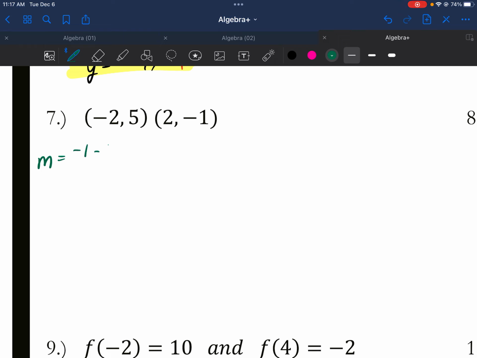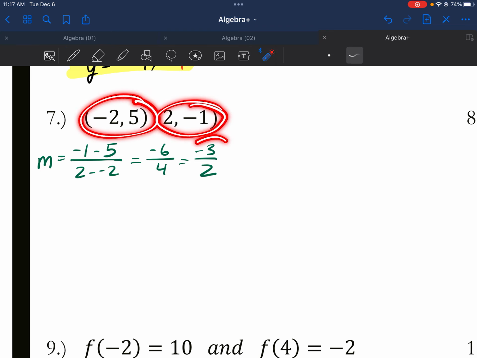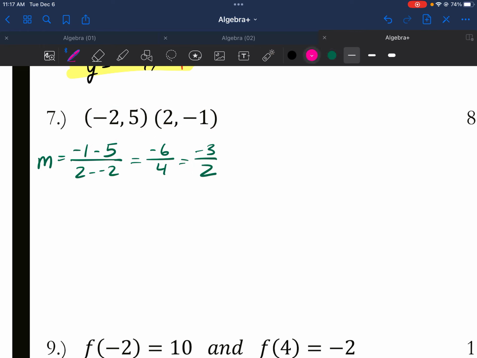Negative 1 minus 5 over 2 minus negative 2, which gives me a negative 6 over 4, simplifies to negative 3 over 2. Well, now I have 2 points and I have a slope. I only need one of those points with the slope. So if I do that, I can put it in point-slope form. Y minus 5, I'm going to use this one, equals negative 3 over 2 times x minus negative 2, or I can make it plus 2 immediately.